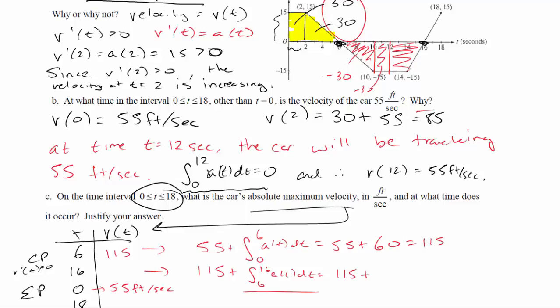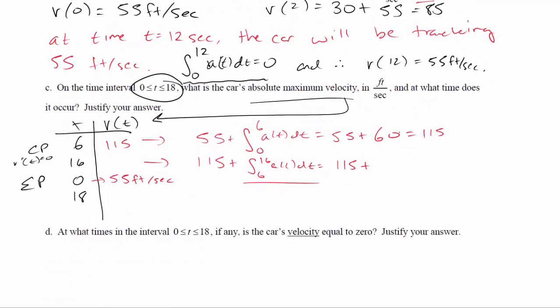If I count it, that first part was negative 30, the second part was negative 30. Here is an additional negative 30, but here is only an additional negative 15. Add that all up, negative 90 plus negative 15 is negative 105. So 115 minus 105 equals 10. So the velocity is 10.